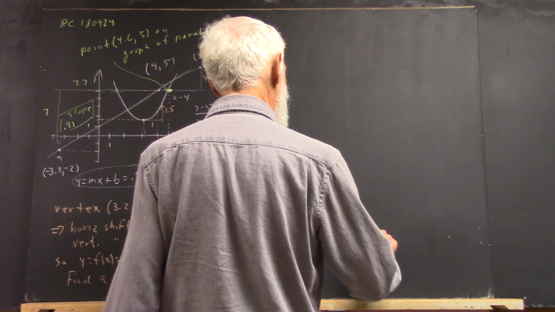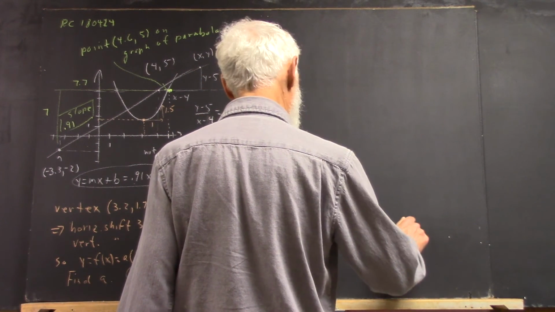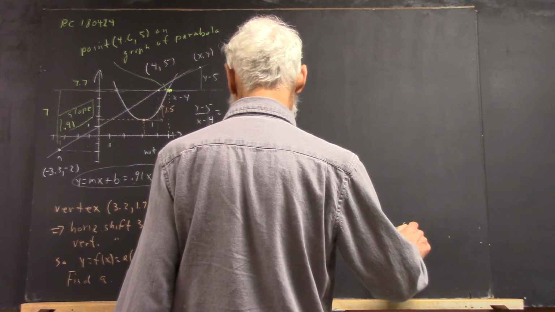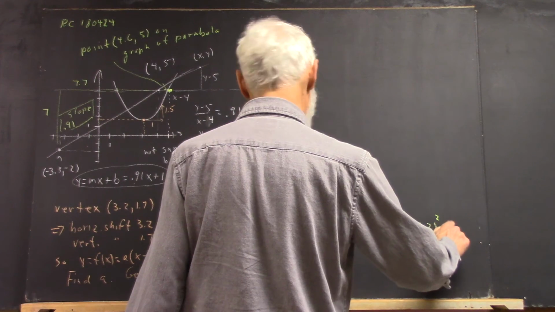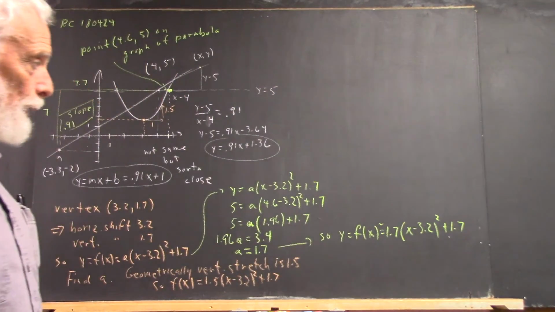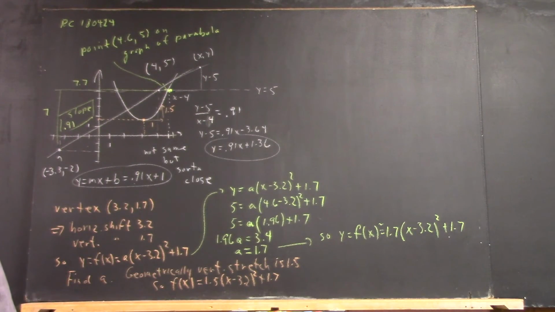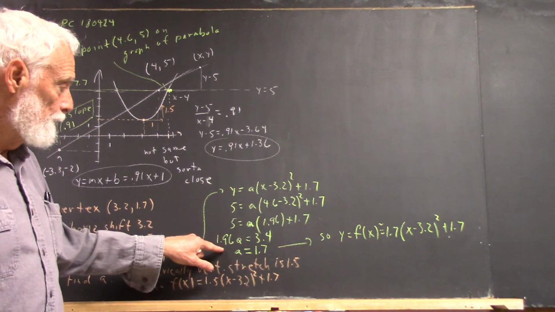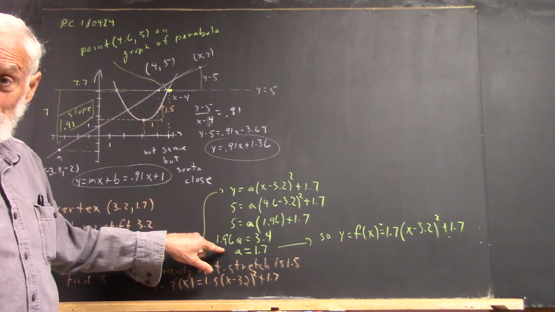So your y is approximately 1.7 times x minus 3.2 squared plus 1.7. There are too many 1.7s in this, but it's not my fault. That's what we get. Now I get 1.7 here because 1.96 is close to 2, so we're only off by 4%.